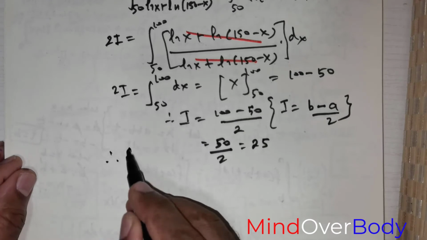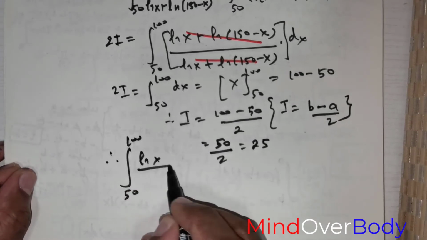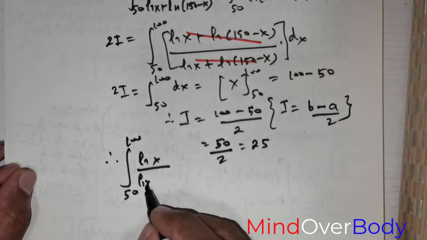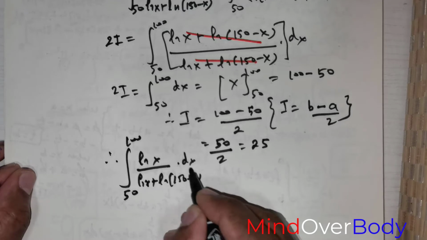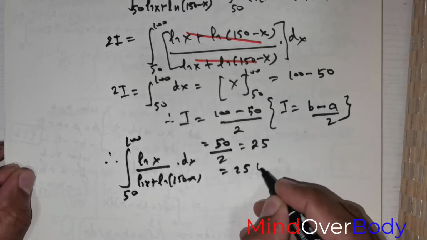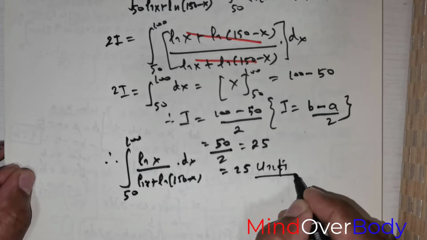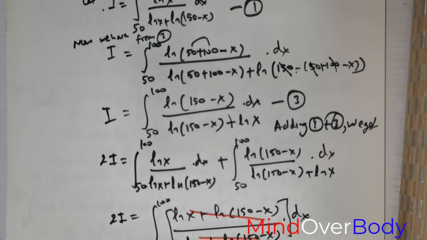So what is the solution? When you integrate from 50 to 100 of ln x over ln x plus ln of (150 minus x) times dx, you get 25. That's the value. Probably you can write it as 25 units. So this is the solution for this question.